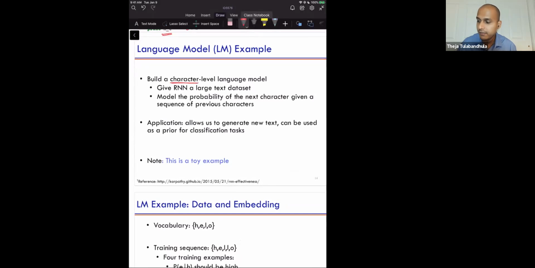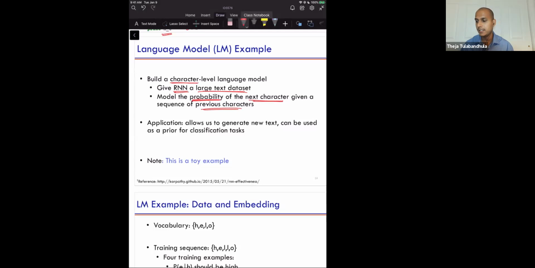We want to take as input a large text database, basically a bunch of sentences, paragraphs, or articles, and input it into our recurrent neural network. The network has to model the probability of the next character given whatever it has seen so far, maybe a sequence of previous few characters.